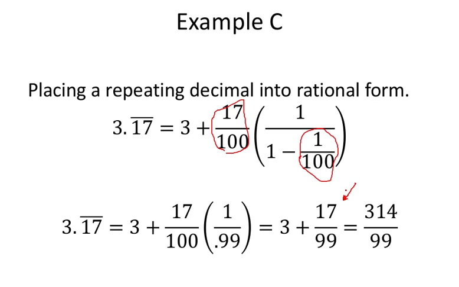This will work for any repeating decimal. If you've got 3 repeating digits, like 175, then you would put 175 up here. You'd have to add an extra 0 in, an extra 0 in, and it'll work.